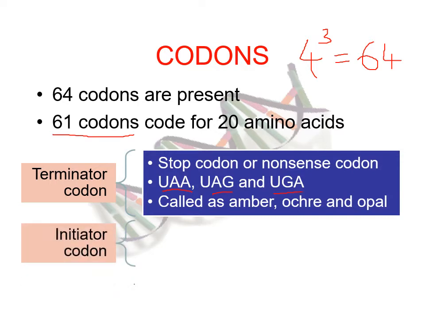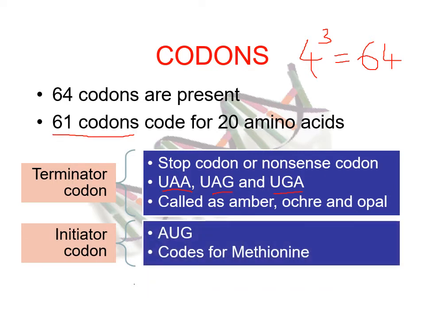We also have an initiator codon, that is AUG, which also codes for methionine. In most instances, it also is the initiator codon. What it means is that for protein biosynthesis to initiate, the first amino acid which gets added is methionine, which is coded by AUG. In some circumstances, even GUG can also act as initiator codon.